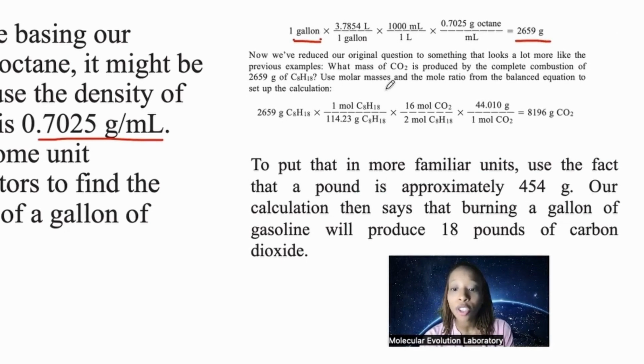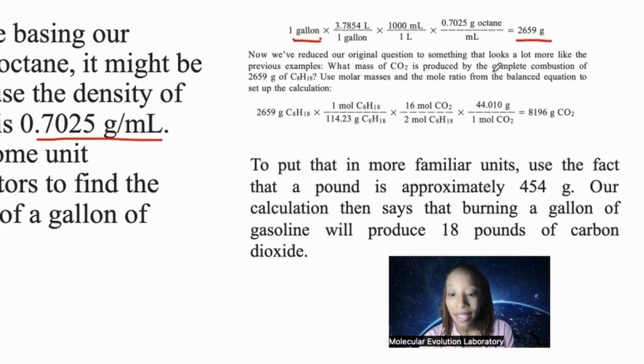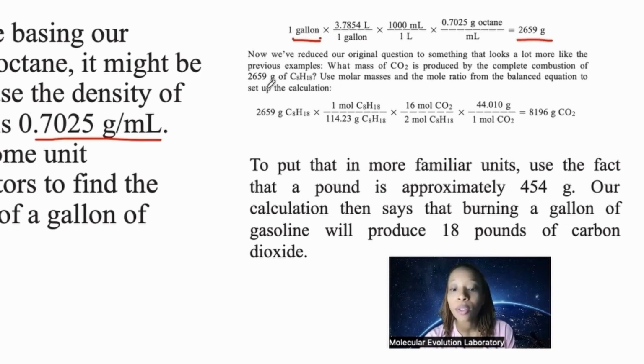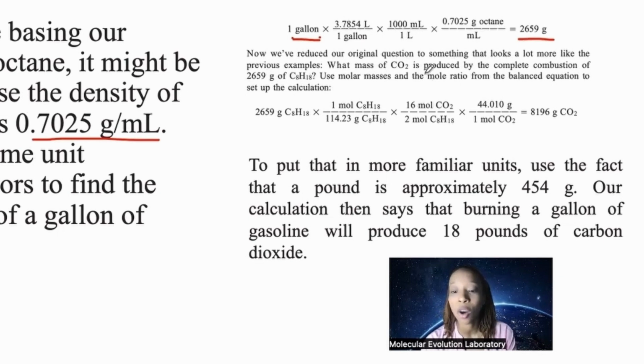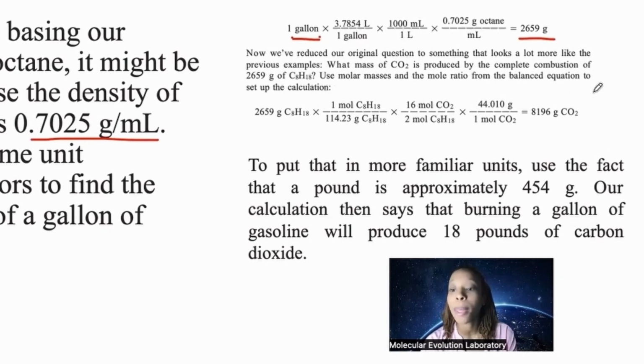So now we are trying to find what mass of CO2 is produced by the complete combustion of 2659 grams of octane. You use the molar mass and the mole ratio from the balanced equation to set up the calculation.